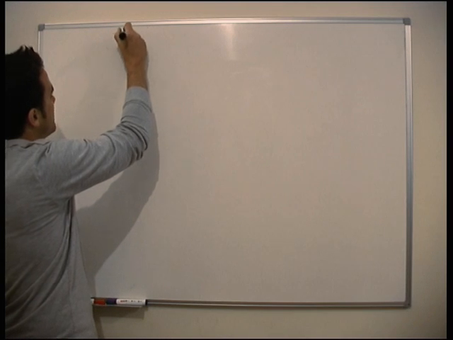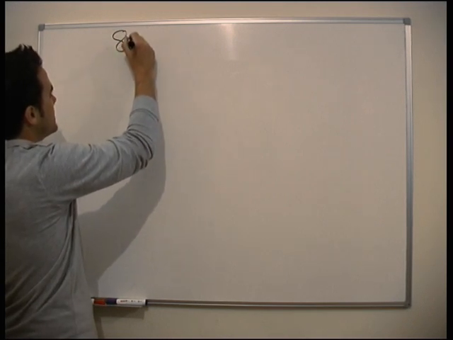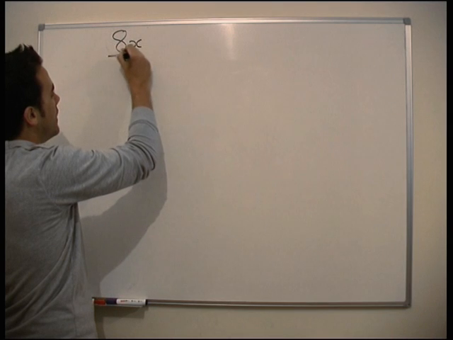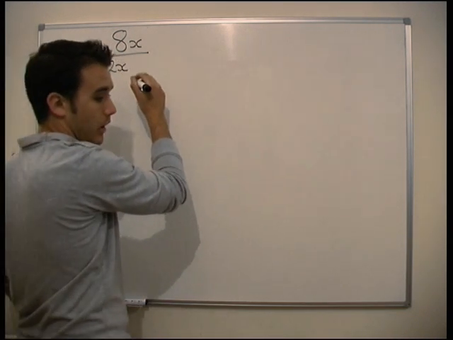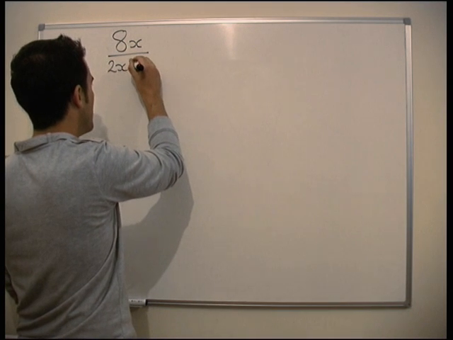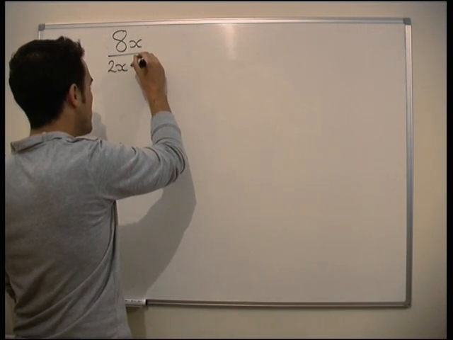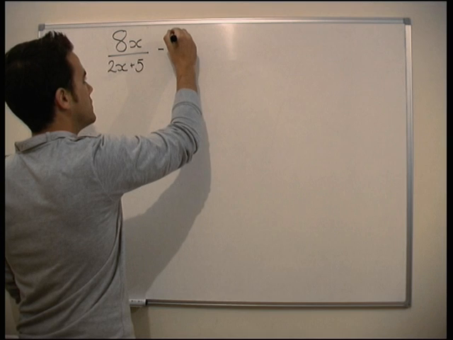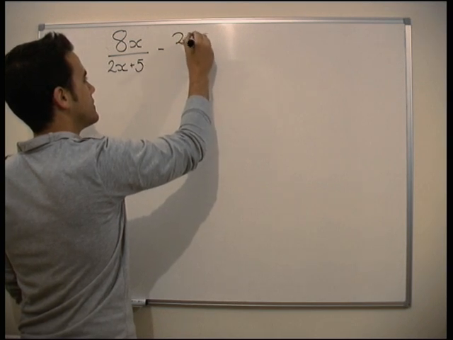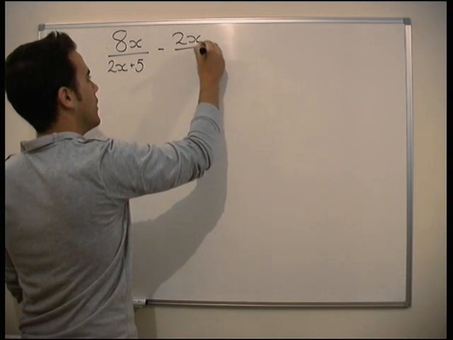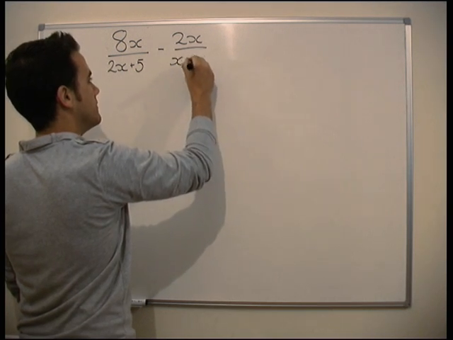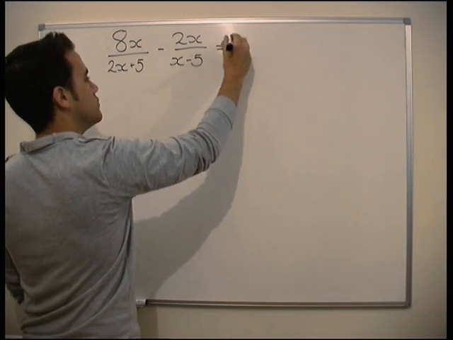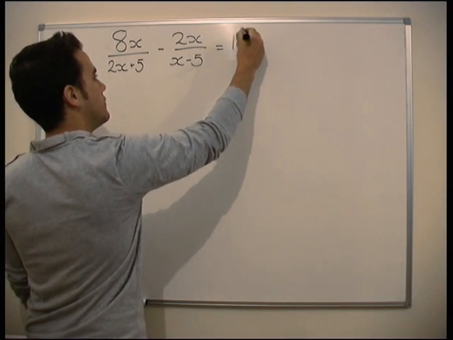We're given that 8x divided by 2x plus 5, minus 2x over x minus 5, equals 10.